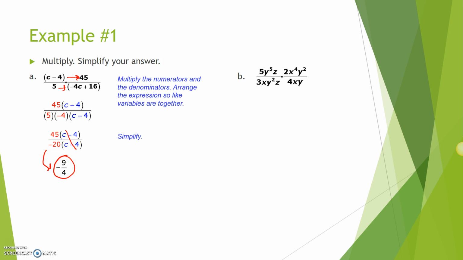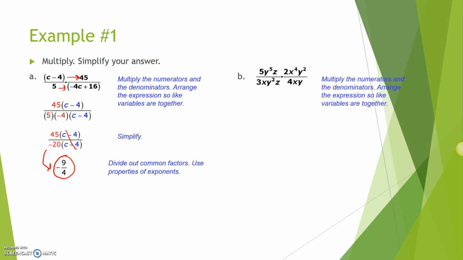The next question, again, we're going to multiply the numerators and denominators, and then arrange them so like variables are together. So we'll multiply the 5 and 2, and then we have x to the 4th, y to the 5th, y squared, and z.